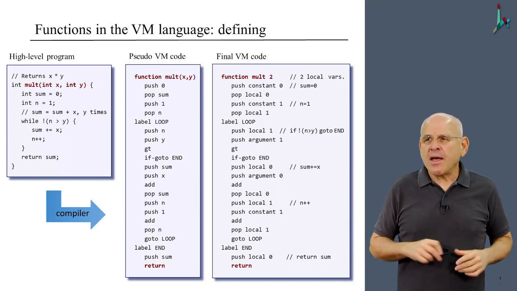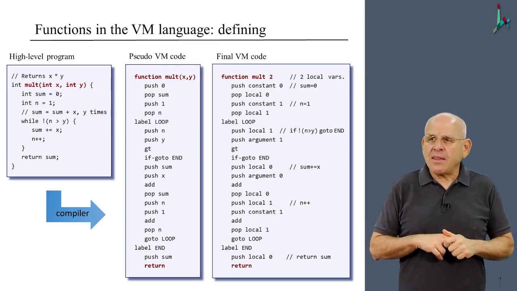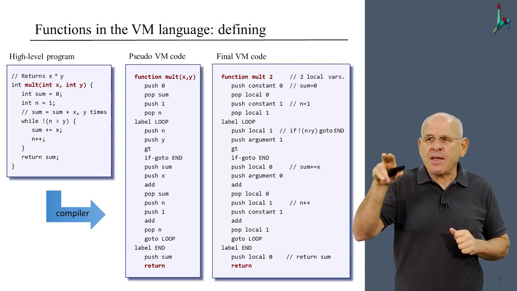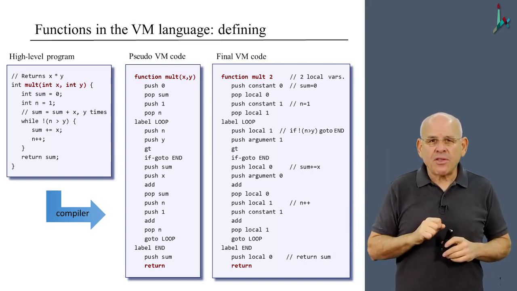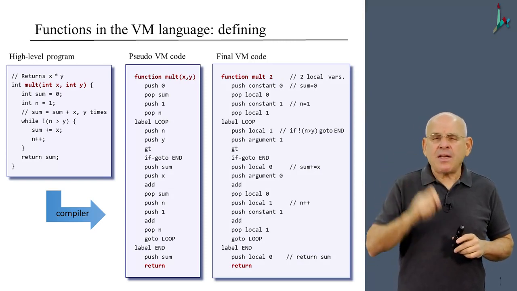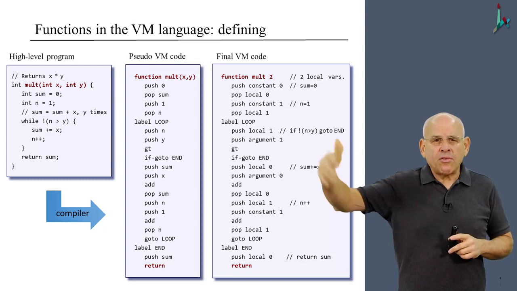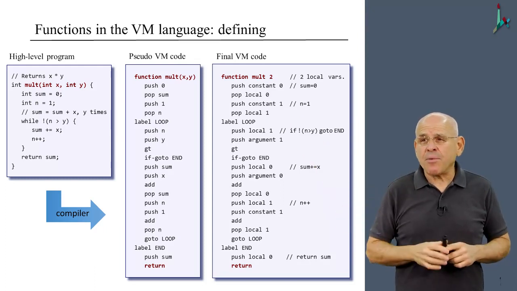Now, one interesting observation here, well, it's not interesting, it's technical, is that the function definition syntax begins with the word function, then comes the name of the function, mult, and then comes an integer, which is either 0, 1, 2, or some other non-negative number.